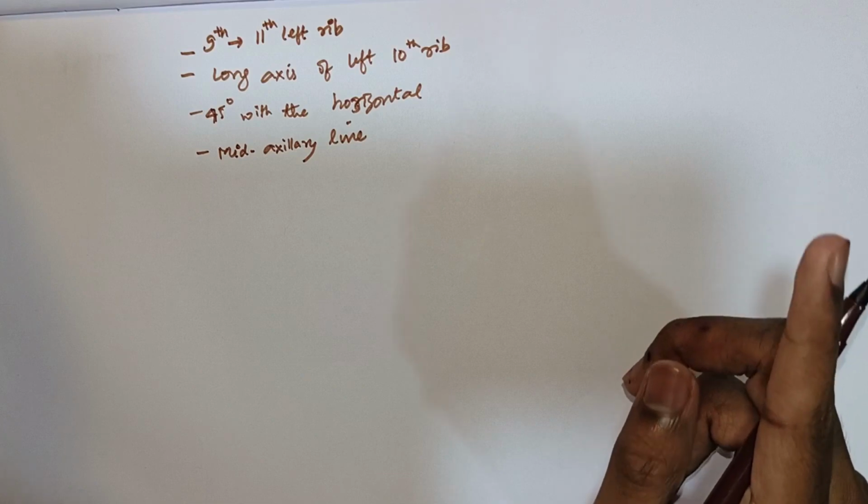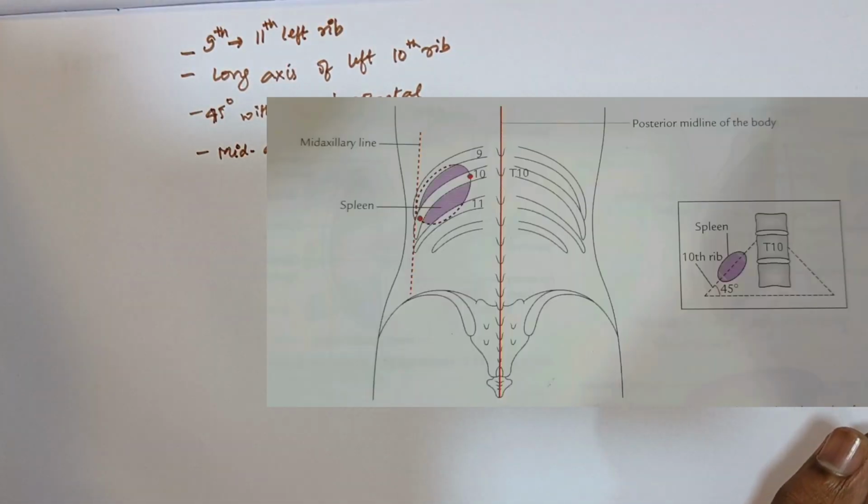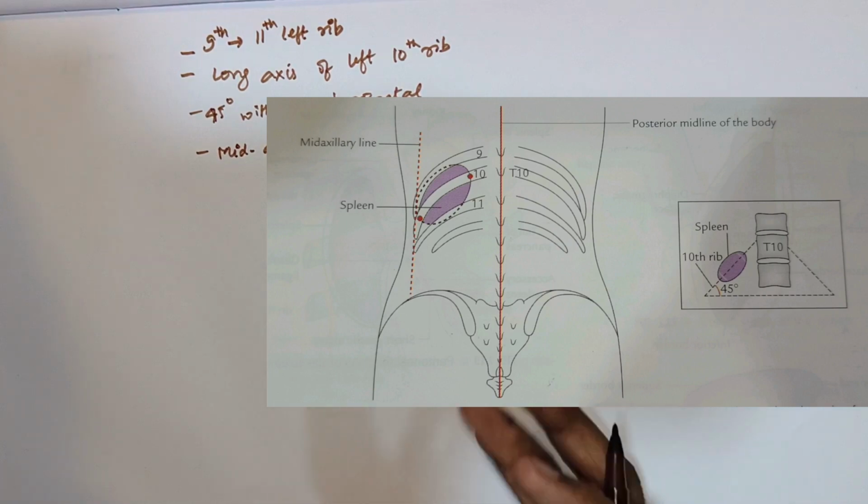I will be showing you a picture also here, wherein you will be able to appreciate the fact that the spleen lies between the 9th and the 11th left rib along the long axis of the left 10th rib, and it extends up to the mid axillary line.